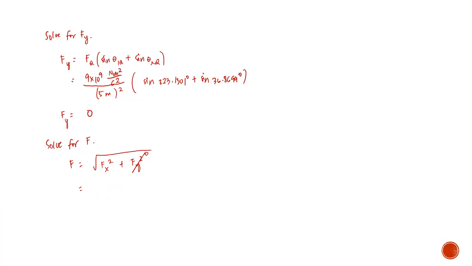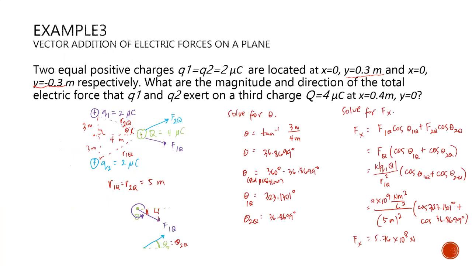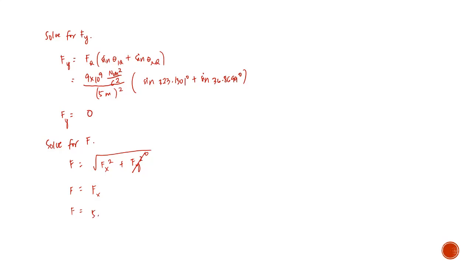Since f sub y is 0, f sub y squared is 0. So f ends up being equal to the square root of f sub x squared, which is basically f sub x. So it's approximately 5.76 times 10 raised to the power of 8 newtons.